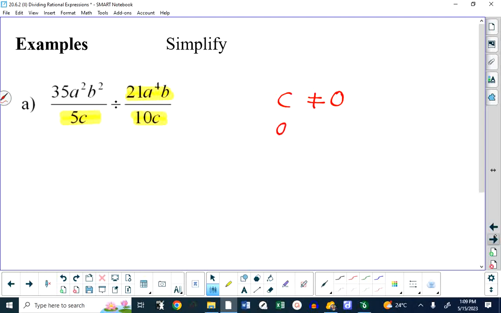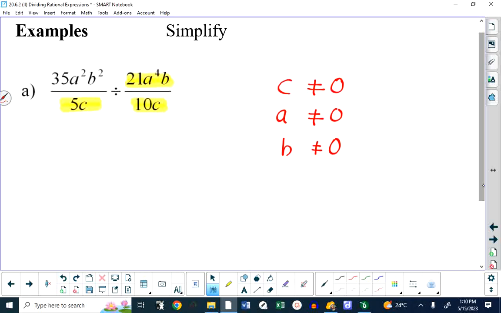A is not allowed to be 0, and b is not allowed to be 0 because if either a or b are 0, then this whole thing will be 0, and you will be dividing by 0. Not allowed. Okay? So we've got our non-permissible values out of the way, which we need to do before we cancel or do anything.